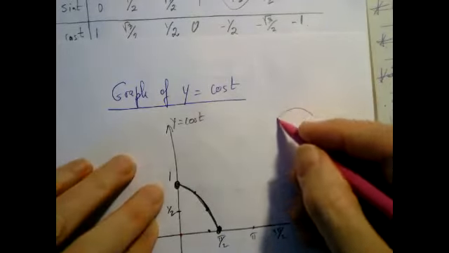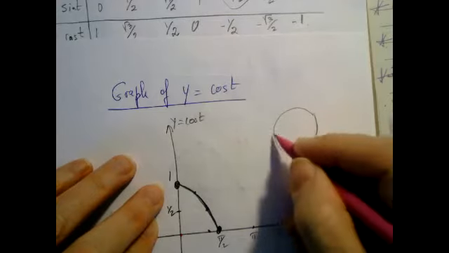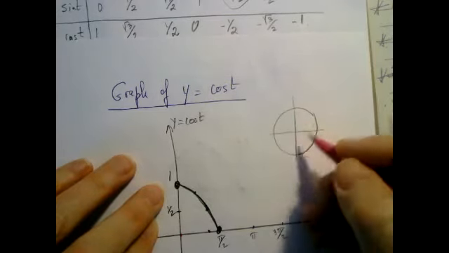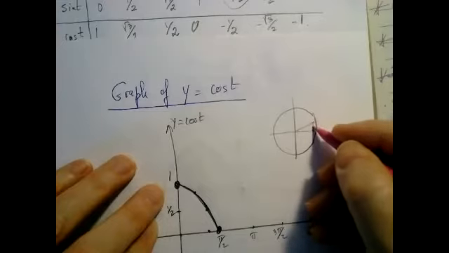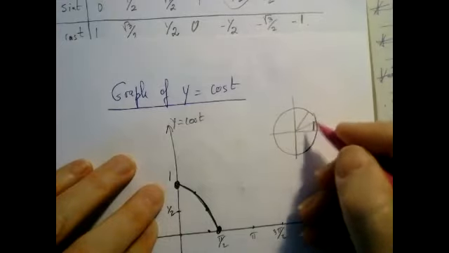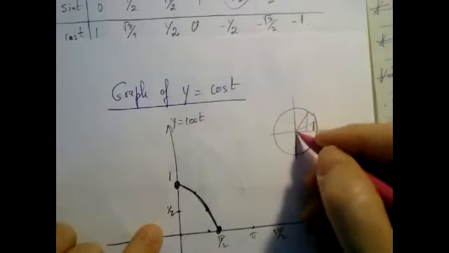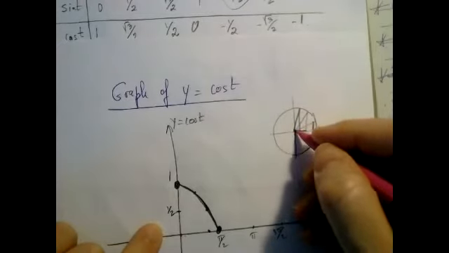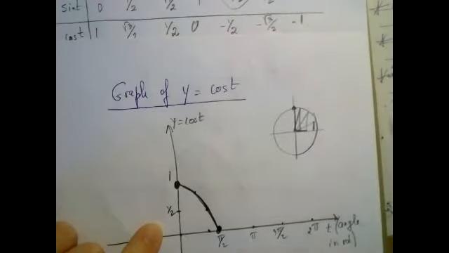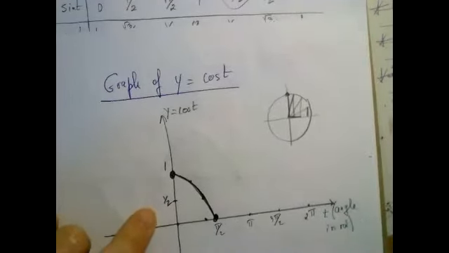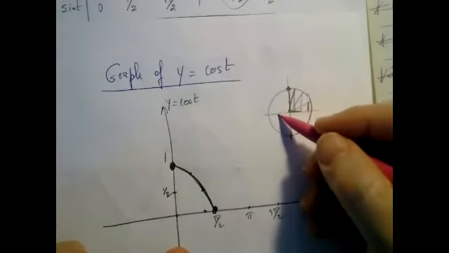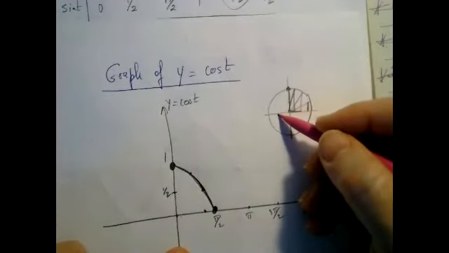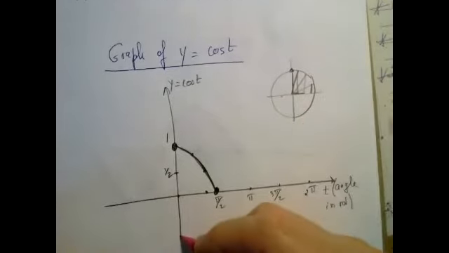This makes sense because on the unit circle the cosine is the x-coordinate. As the angle goes from 0 to pi over 2, the x-coordinate is shrinking, getting less and less, and at pi over 2 the x-coordinate is 0. So this makes a lot of sense. Then what happens after that? When I am in this quadrant, the cosine starts taking negative values.